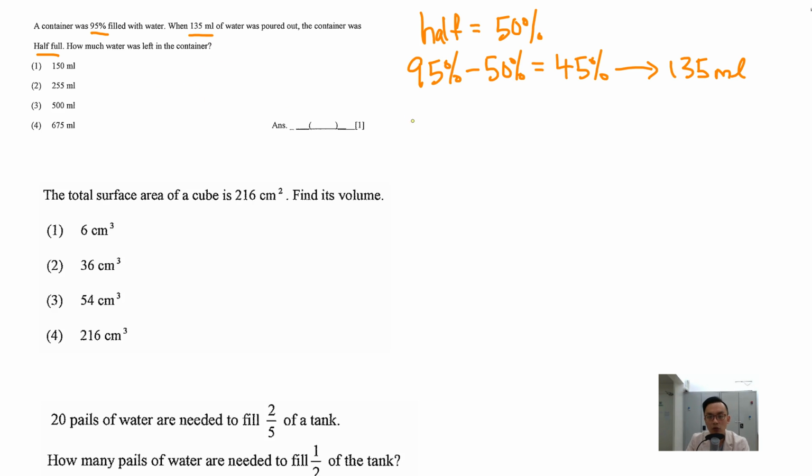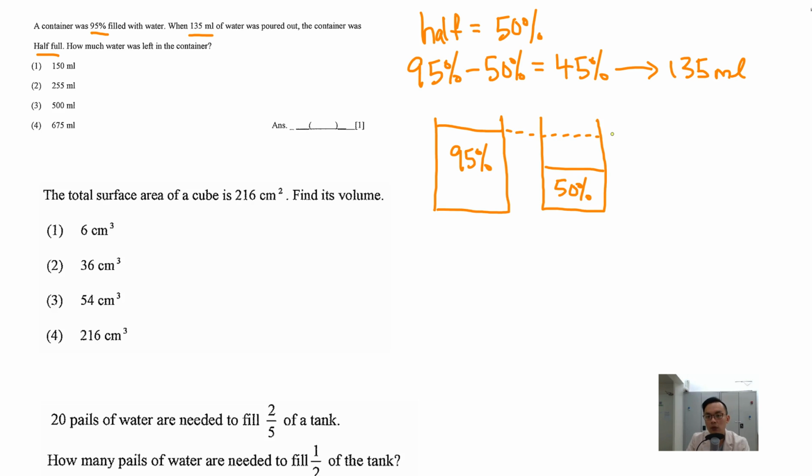So I'll just draw and let you understand. Initially the container was 95% full. After it's poured out, it became 50% full. So this is 45%, which is actually the 135 ml. So how much water was left in the container?